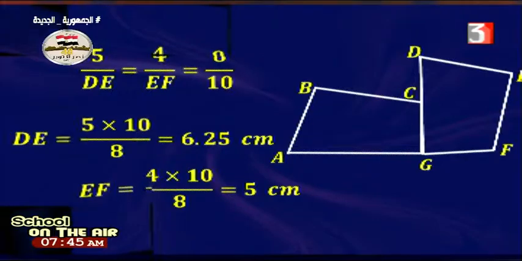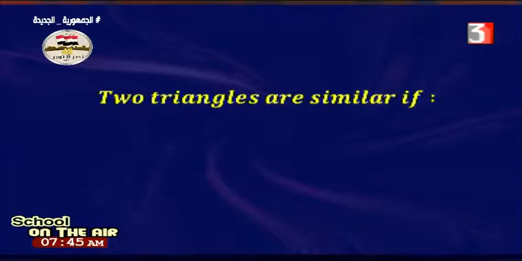Now, let us have another example. Two triangles are similar. We have taken that two polygons are similar and we have taken an example. What about two triangles that are similar? When are two triangles said to be similar triangles?